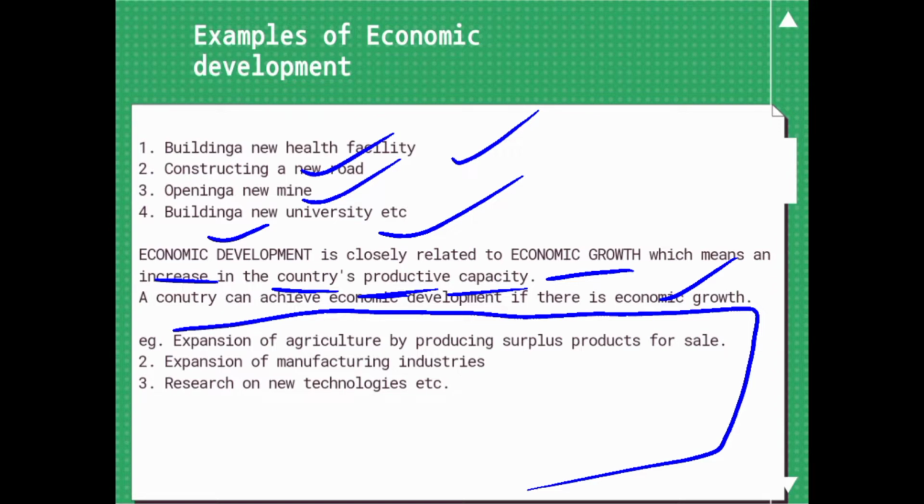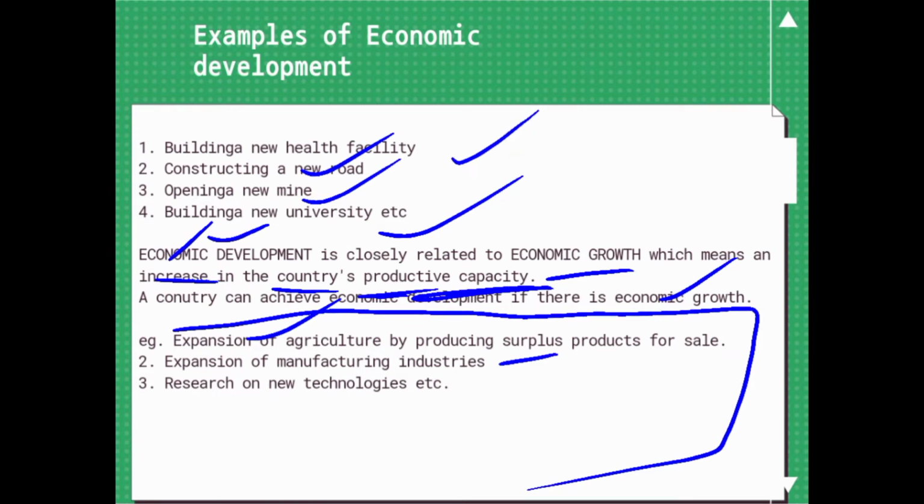No. You expand. You leave surplus for sale so that the country will be exporting commodities like maize, soya beans, and other things to other countries. And that is increasing the country's productive capacity. Hence, you are bringing about economic development.